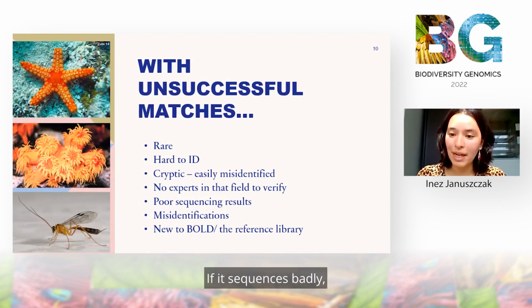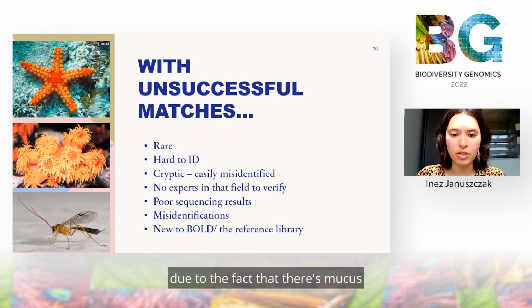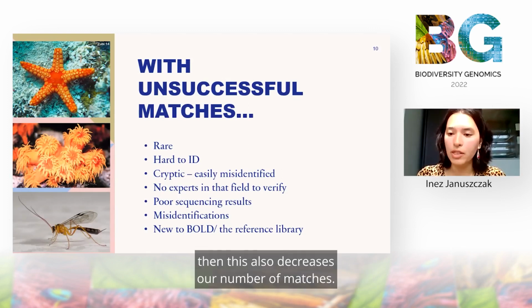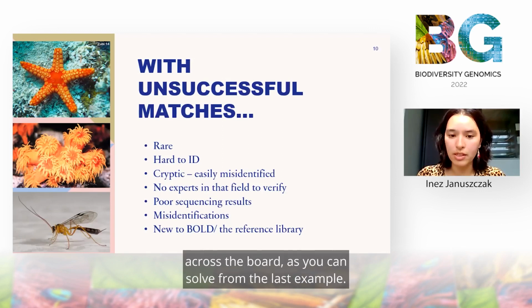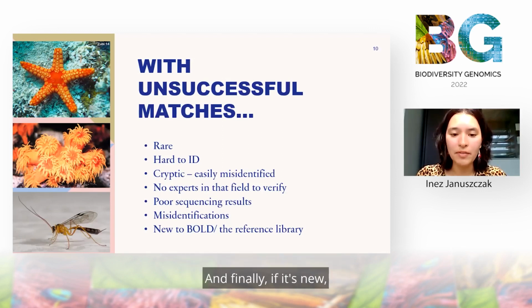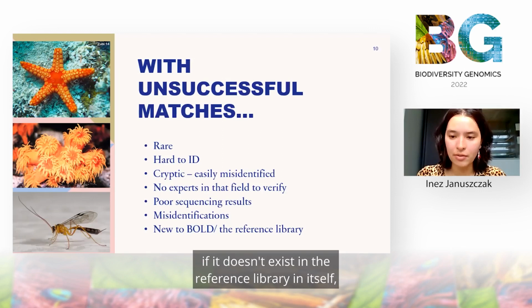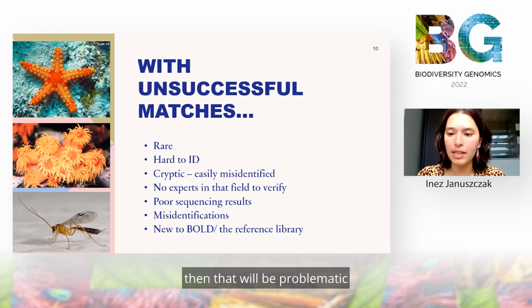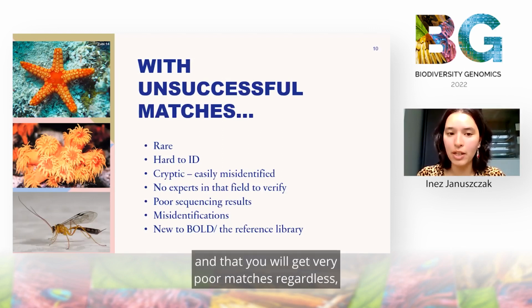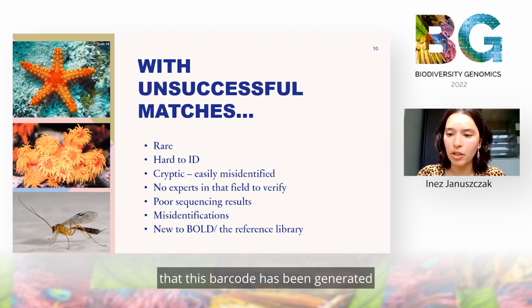If it sequences badly due to the condition of the specimen, due to the fact that there's mucus, or it's been stored incorrectly, then this also decreases our number of matches. Misidentifications just generally are a problem across the board, as you saw from the last example. And finally, if it's new, if it doesn't exist in the reference library, then that will be problematic and you will get very poor matches regardless, because it's the first time that this barcode has been generated for that particular species.